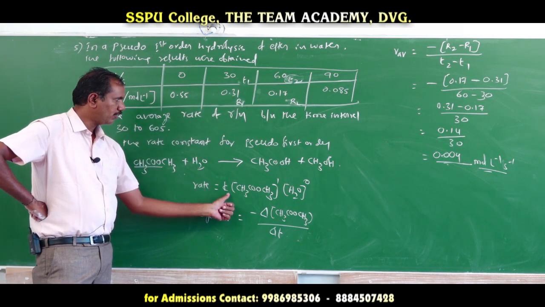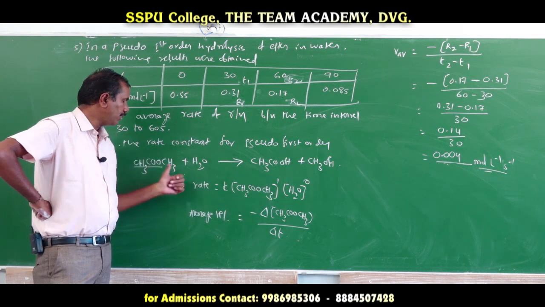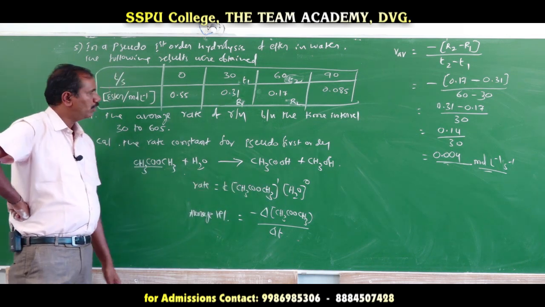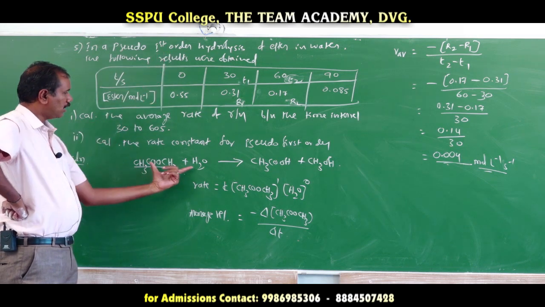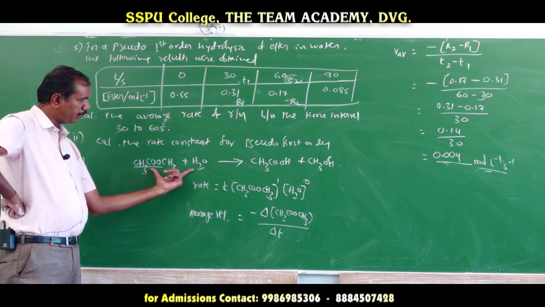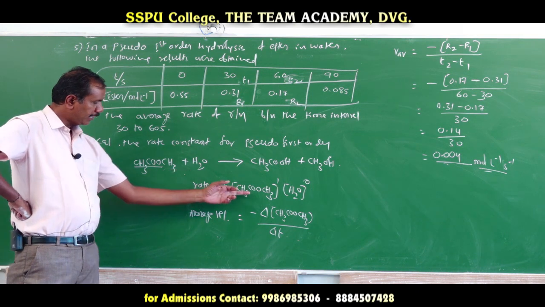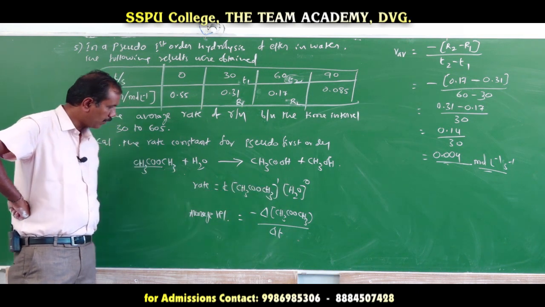Rate equals K into methyl acetate to the power 1, H2O to the power 0. He mentioned that it is pseudo first order. Pseudo first order means the molecularity of the reaction is 2, but the order is 1. The rate depends upon the methyl acetate, it does not depend upon water.